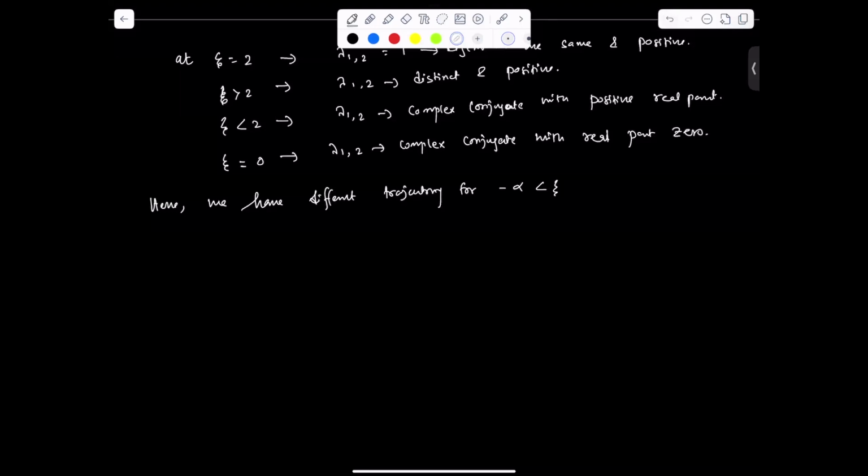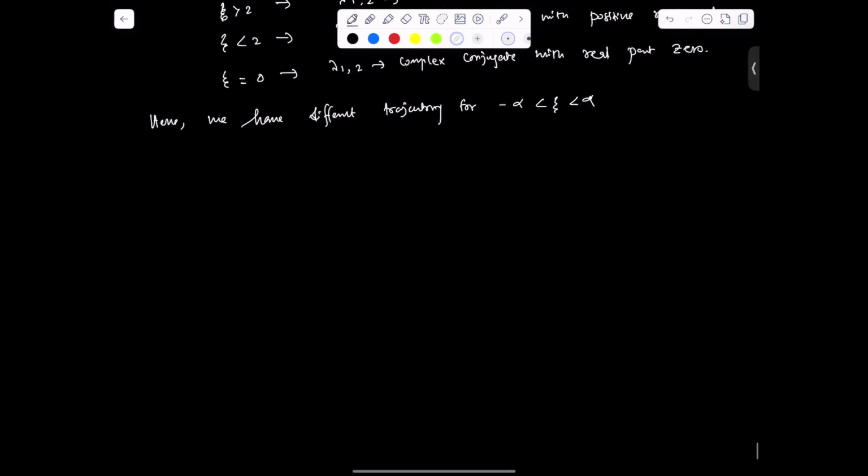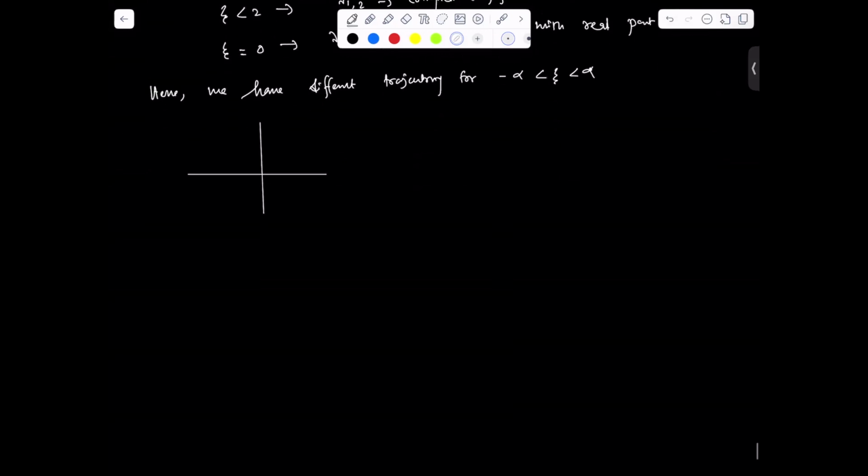Sorry, let's assume zeta varies from minus alpha to plus alpha. So in that case, we can have different scenarios, or we can write when zeta is less than 0.